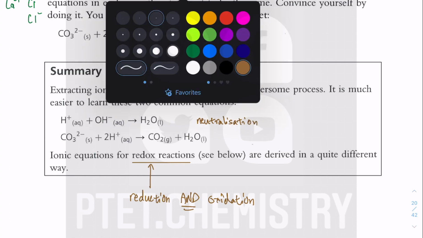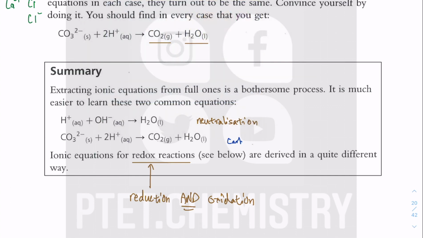And the other one is just a carbonate and acid reaction, giving you the carbon dioxide and the water, which we don't call a neutralization reaction, by the way. But these two equations are what you should be able to write straight away, knowing what neutralization and the carbonate and acid reaction do, so that you will not get confused when we come to reduction and oxidation in a couple of months' time.